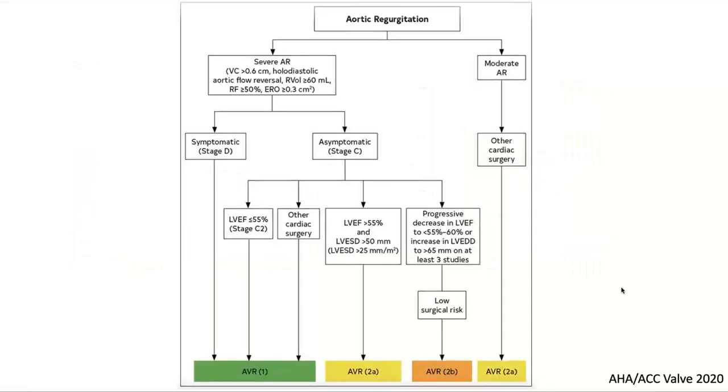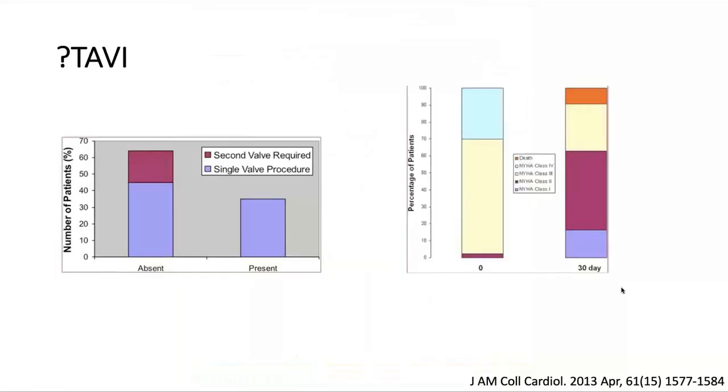And so the other big thing worth mentioning is that the use of TAVI is becoming really quite popular, especially in patients who are poor surgical candidates. Essentially, this is the first paper, back in 2013, looking at whether or not this would even work.